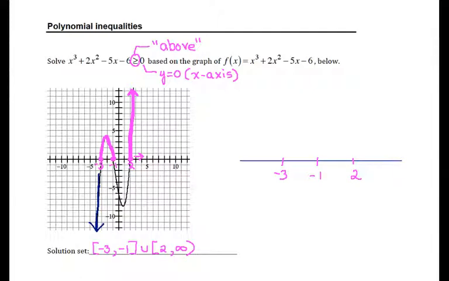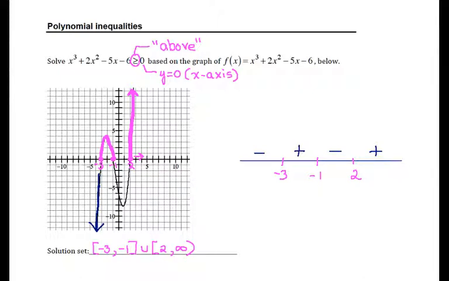That corresponds to negative y values, so I'm going to mark this interval with a negative. Between -3 and -1, it is above, which corresponds to positive y values. Then it drops below again, and to the right of 2, it is above. So we could, based just on this number line, identify the intervals over which the function is positive and negative.